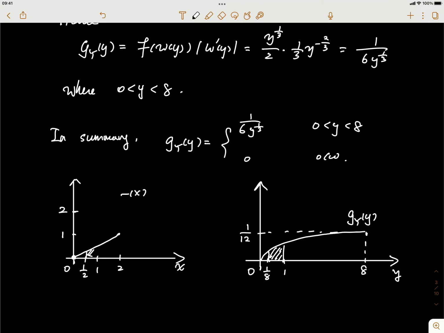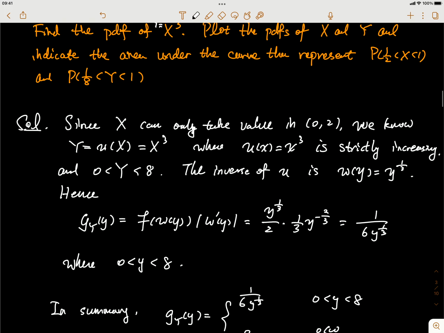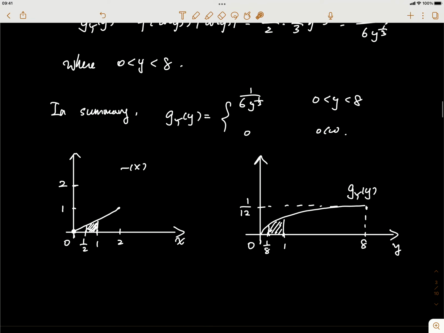If I'm interested in the probability that x is between 1/2 and 1, that just means the area under the curve between the points x equals 1/2 and 1. That's the area. This is the probability density function of x.